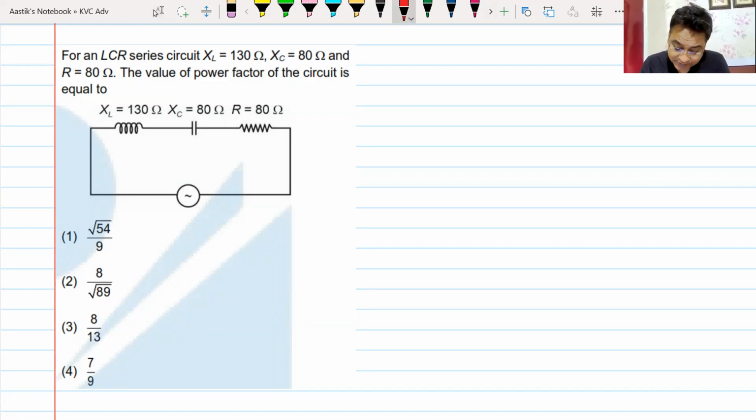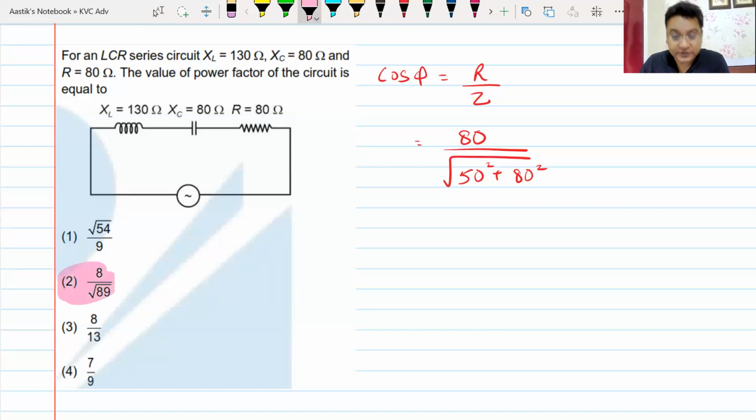To get the power factor, cos phi is R by Z. Here R is given as 80, and Z is the square root of (XL minus XC) squared plus R squared, so 50 squared plus 80 squared. Whatever you get is the answer. And this time, thank God, your calculations are also good.